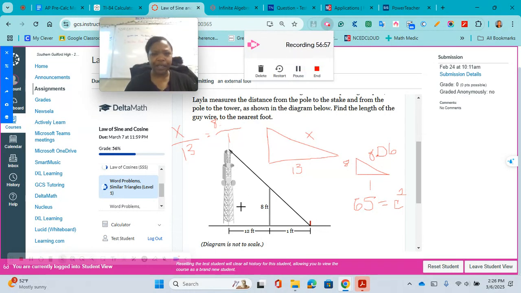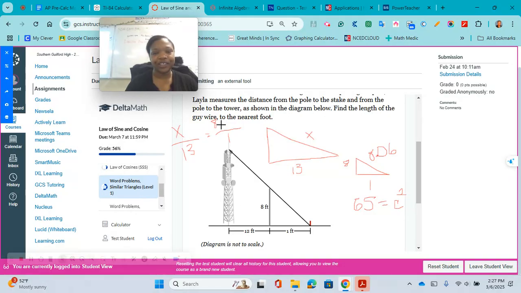We are multiplying the 13 times 8.06. Oh, I didn't finish that answer. 8.06. All right, so 13 times 8.06. It's 105.04.